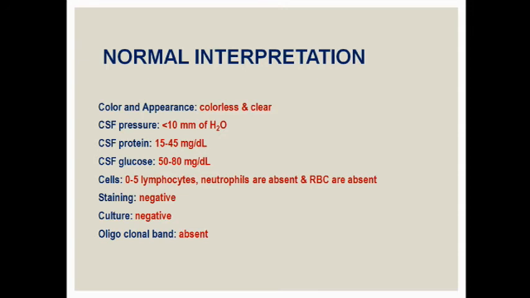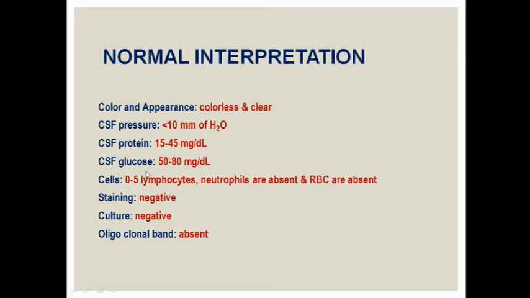And coming to the normal fluid, how does it look? The color and appearance: it is totally clear and colorless, like water. The CSF pressure should be less than 10 millimeter of water. The normal CSF protein concentration is about 15 to 45 milligram per deciliter, normal CSF glucose is about 50 to 80 milligram per deciliter, and the cell count is 0 to 5 lymphocytes.